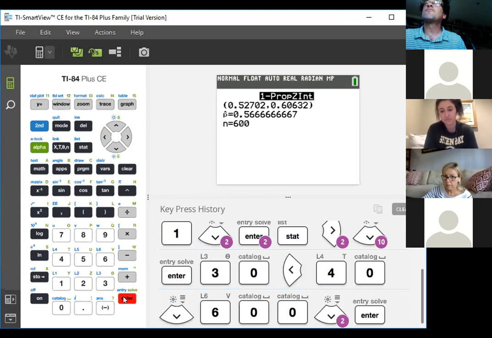And there we have it. Not much to it, right? So we could be 95% confident that between 52.7% and 60.6% of all businesses have a budget line item to advertise online. Any questions on that? Any questions on how this confidence interval works? All right, so let me go back.